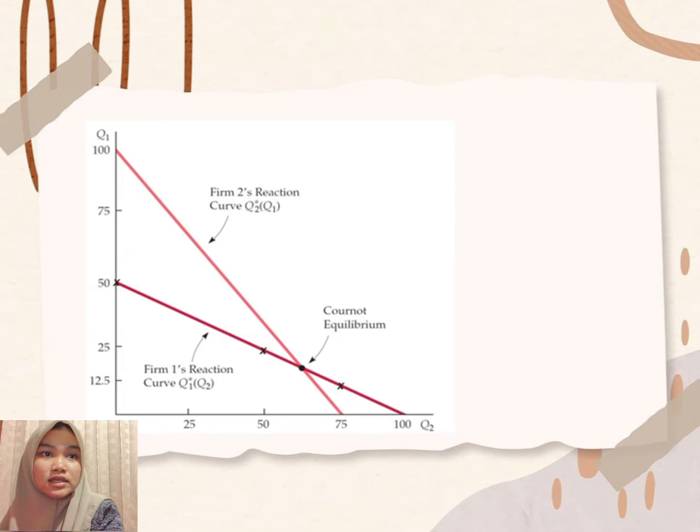As we can see, on the vertical axis there is Q1. When Q1 equals 50, Q2 is 0, like the table before.